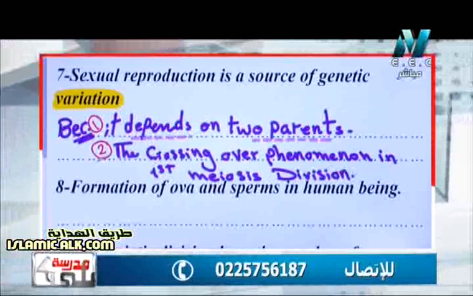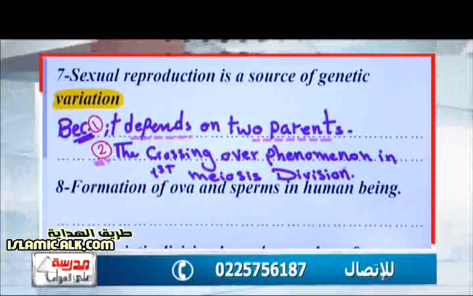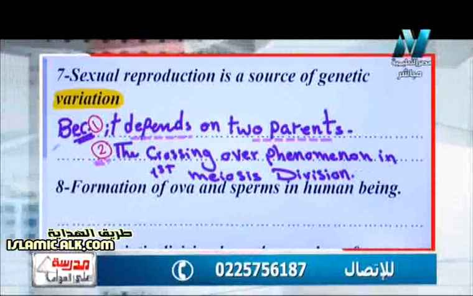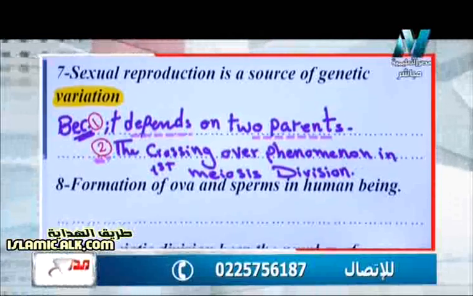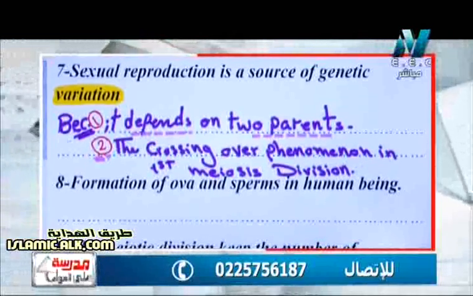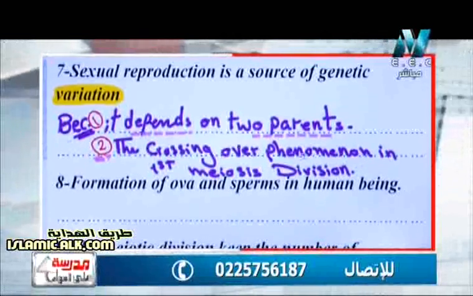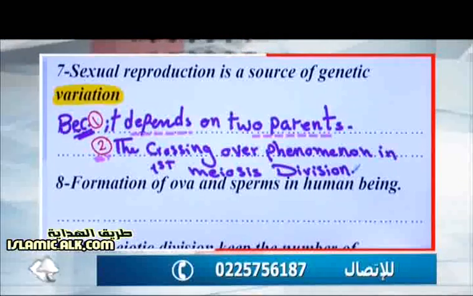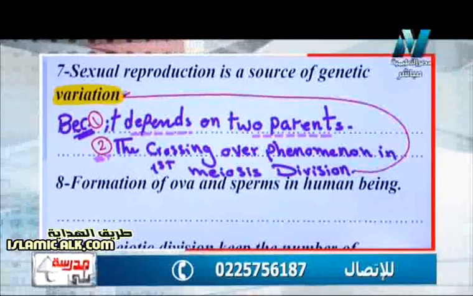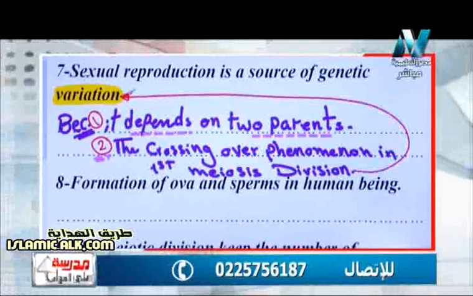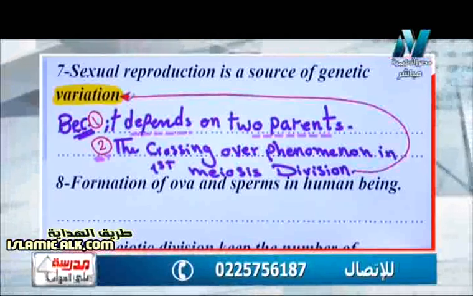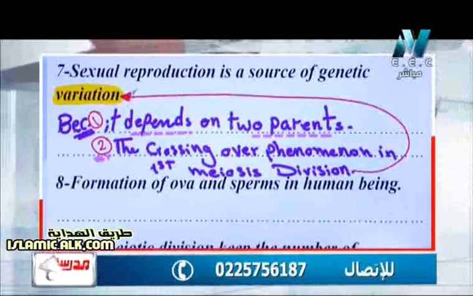Number 2 due to crossing over phenomenon in first meiosis division. And we know the main concept or the main importance of crossing over phenomenon is the genetic variation اللي هو تنوع الصفات. طبعا we have difference between parents and new individuals أو the offspring اللي هم الأبناء.